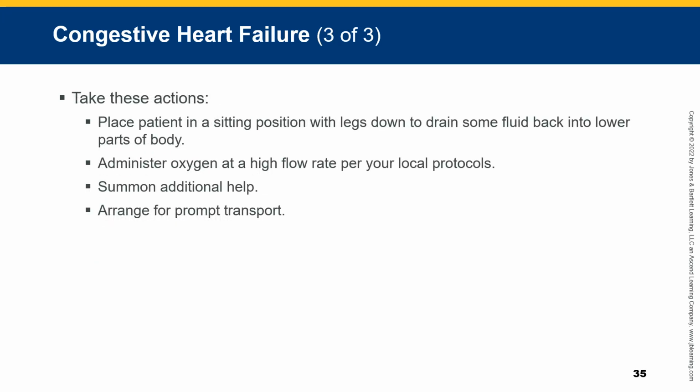As soon as you determine the patient is experiencing CHF, take these actions. Place the patient in a sitting position with the legs down to drain some of the fluid back into the lower parts of the body. Administer oxygen at a high flow rate based on your local protocols if you are trained to use it. Summon additional help right away and arrange for prompt transport to an appropriate medical facility.